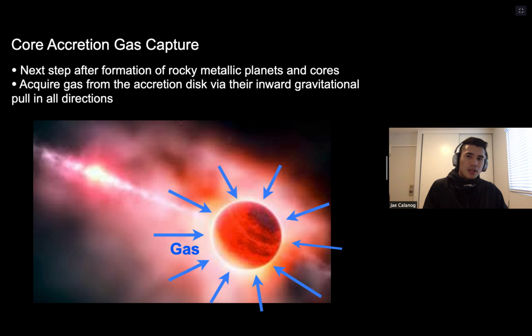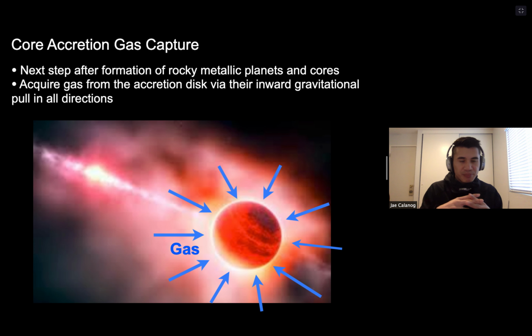All right. So now let's shift to a different topic here, but still related, talking about how planets were able to acquire so much gas. This is particularly very important when it comes to the gas giants, or the 4 outer planets in the solar system.